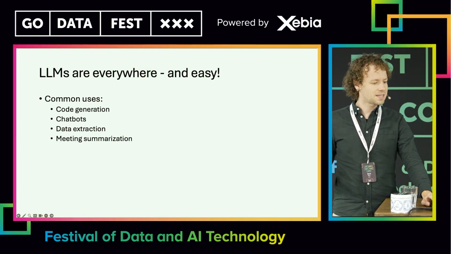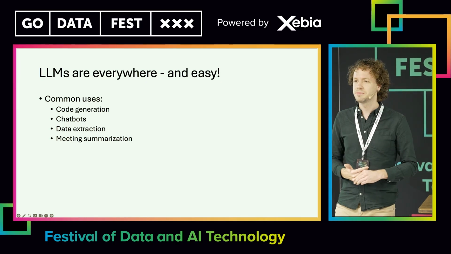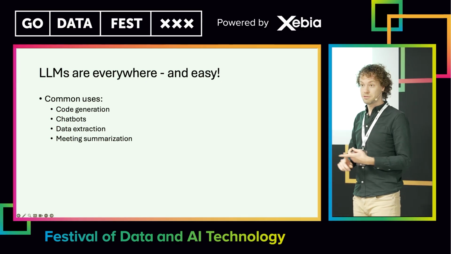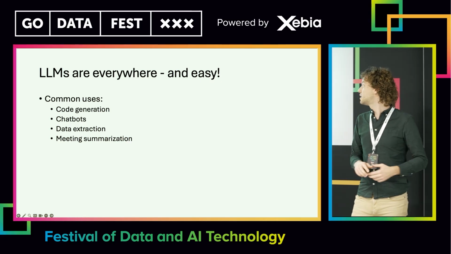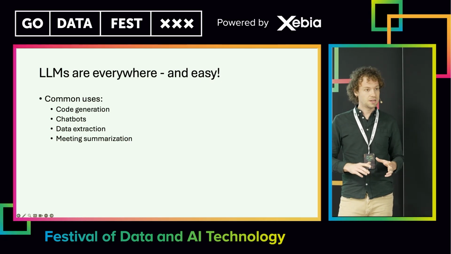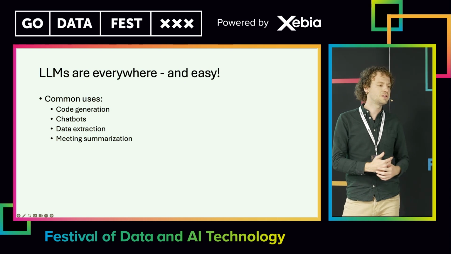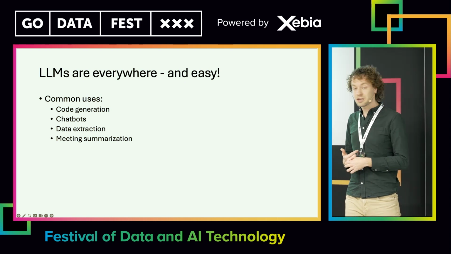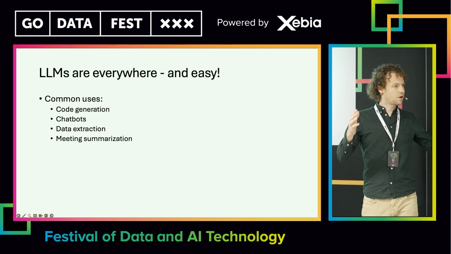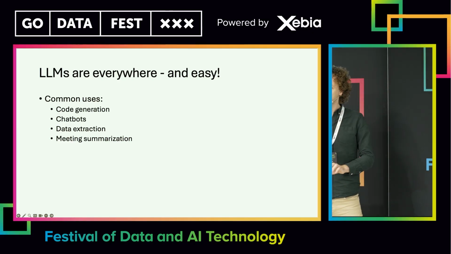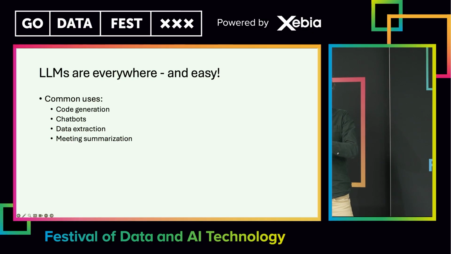And so we see these LLMs are everywhere and are really easy, and we see a lot of common use cases. For example, we see it for code generation, like GitHub Copilot. We see it in chatbots, and even advanced chatbots with RAG, which can use your own knowledge base. We see data extraction use cases. You have unstructured data, and then you use an LLM to find all the data points you search for in the data, and then make a table out of it.